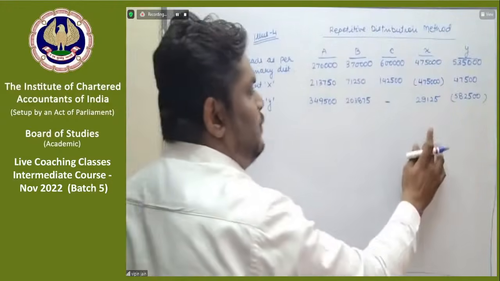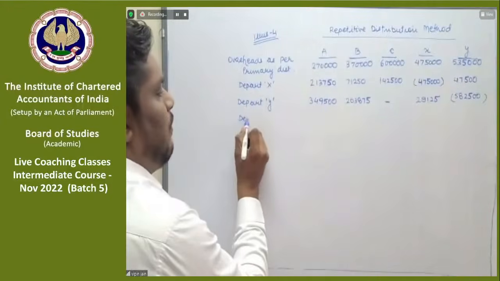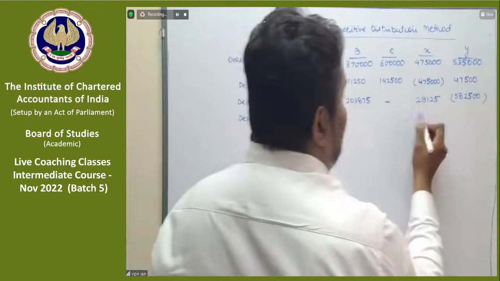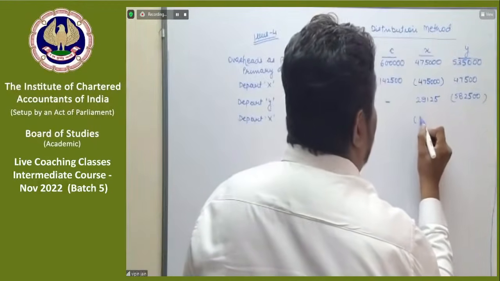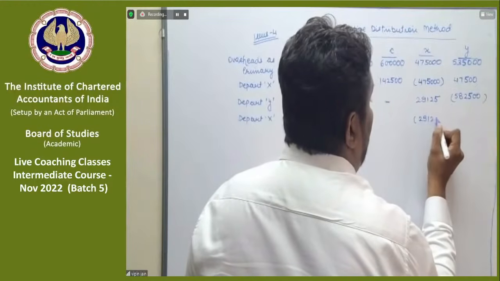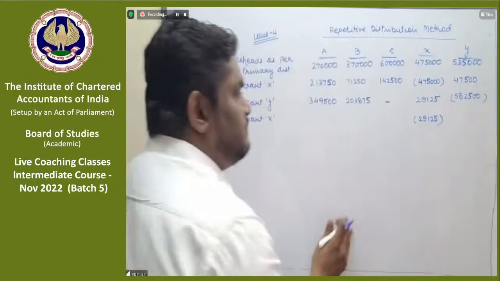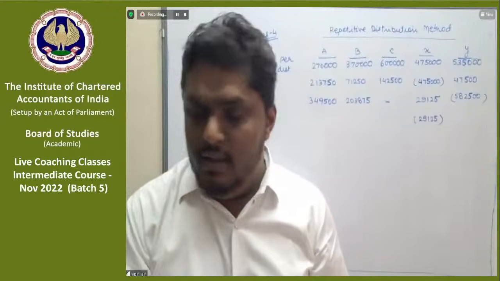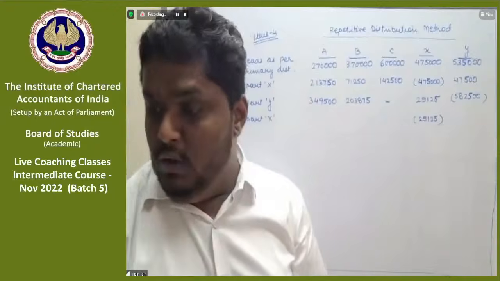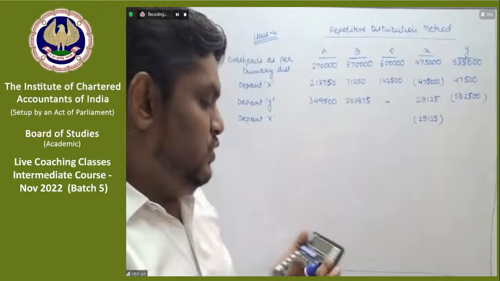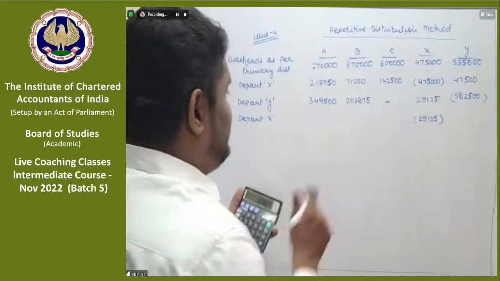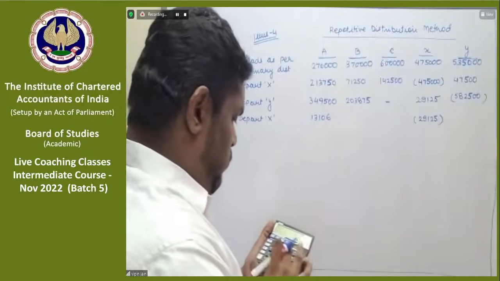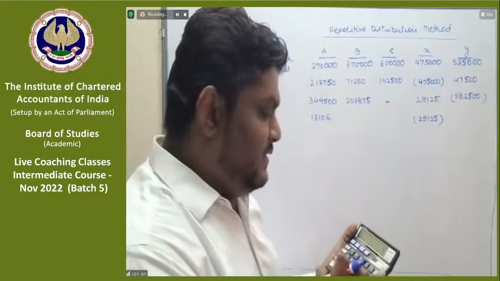Now again, let's distribute the overheads of X. The overheads that need to be distributed is 29,125. So this will be distributed among A, B, and C and Z. So 29,125 into 45%. So this will be 13,106. 15%.